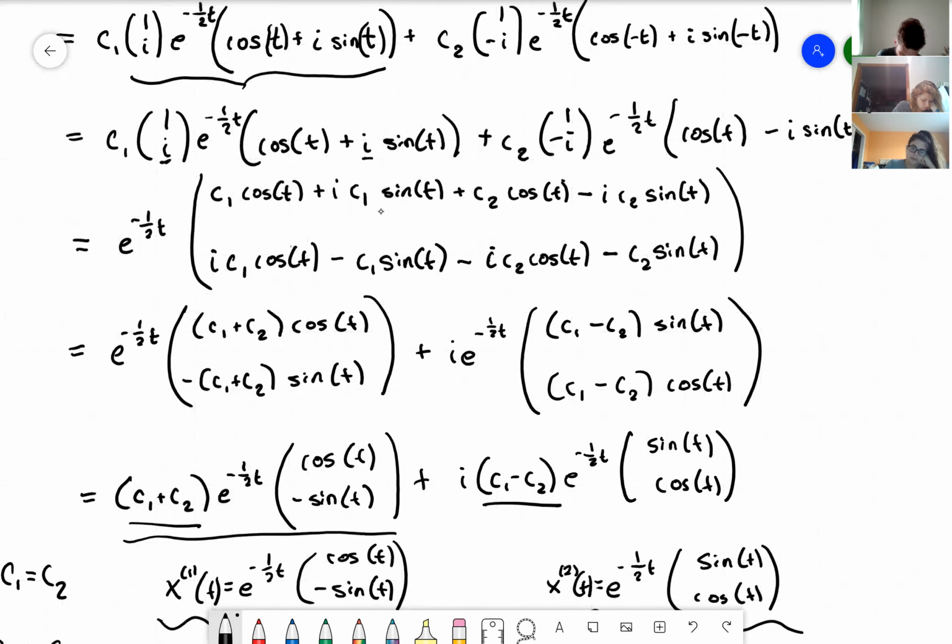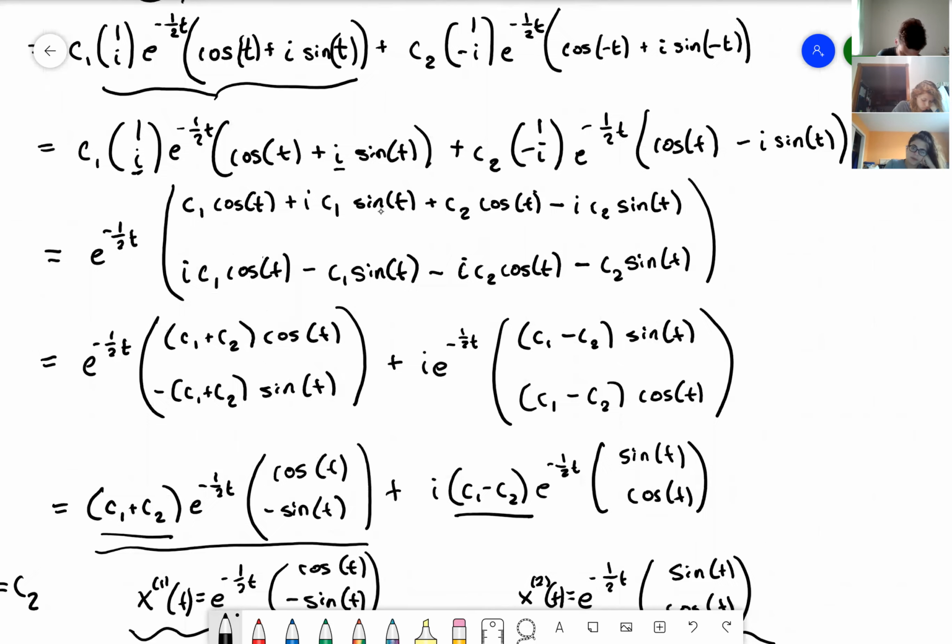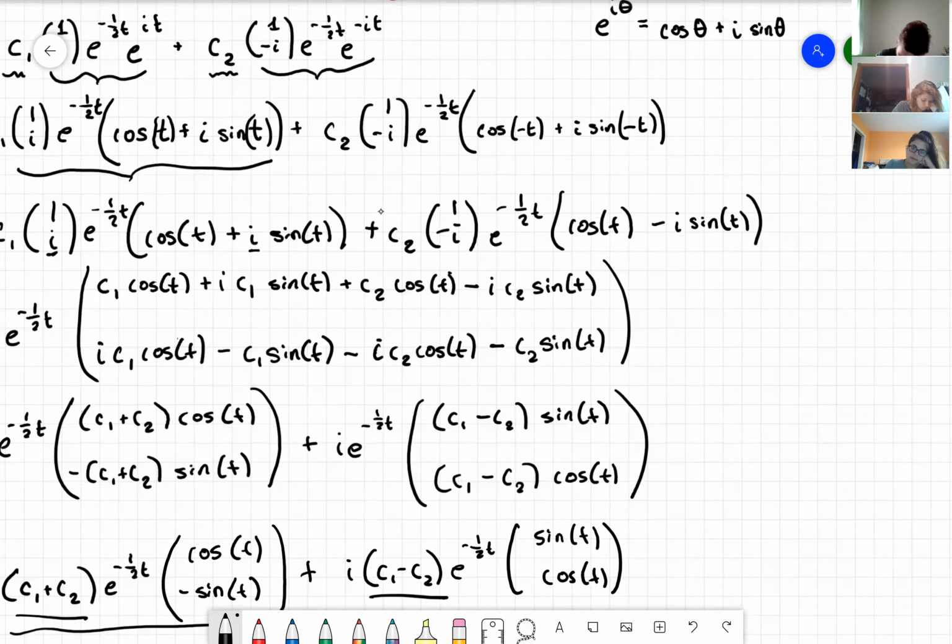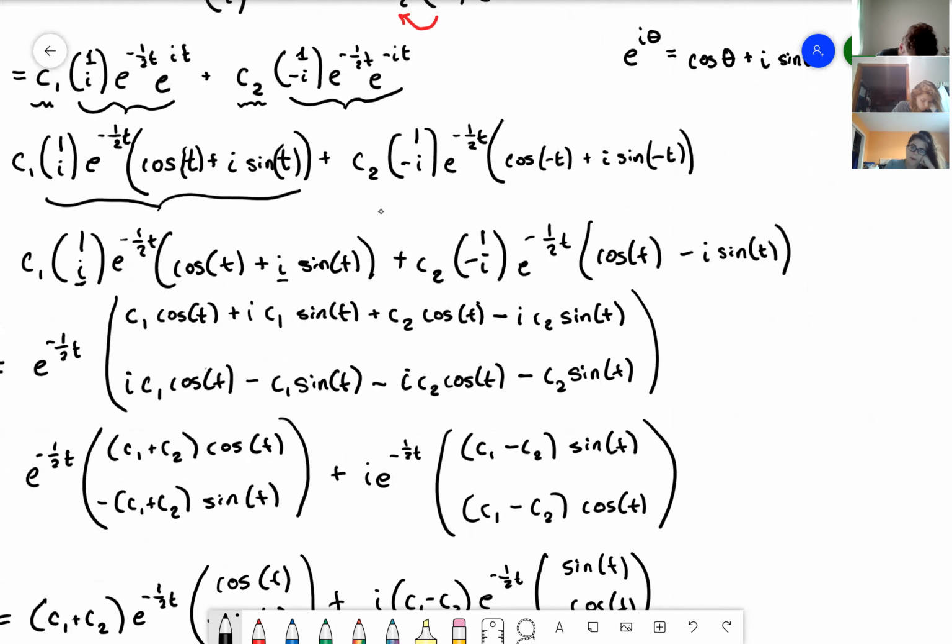And so what did we have? Scoot over here and make some room. Write it out as a vector, e to the minus 1/2 t, cosine of t, plus I, should just copy this down.